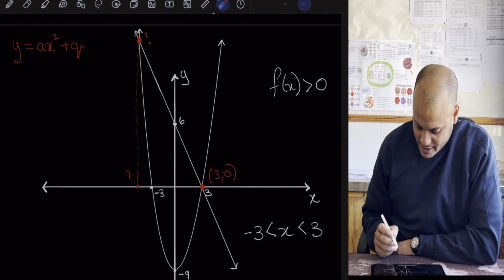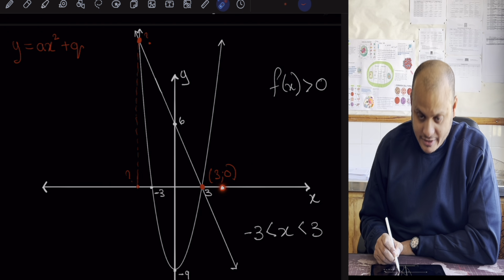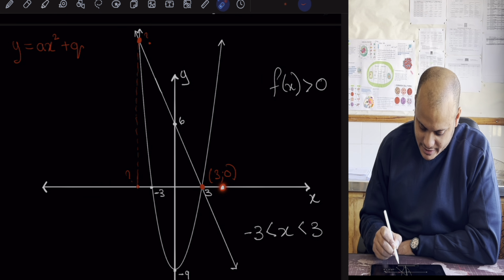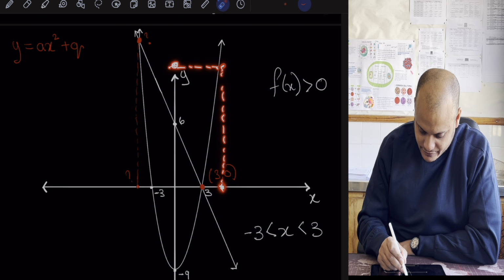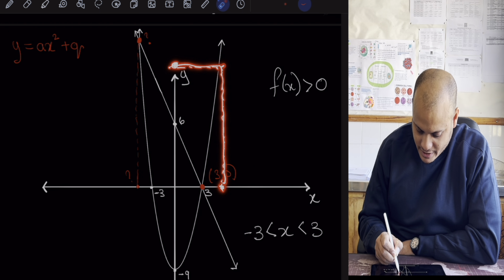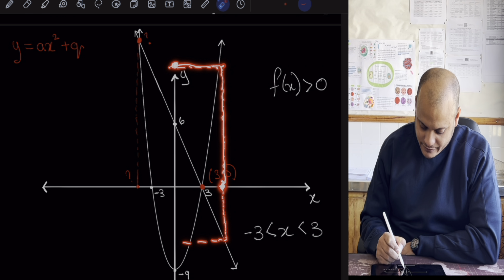So as an example, if I choose an x value here, whatever the x value is, if I trace out a corresponding y value, it will be somewhere up here, obviously a positive y value. If I take the same x value and find the corresponding y value for the straight line, it is obviously a negative y value, right?